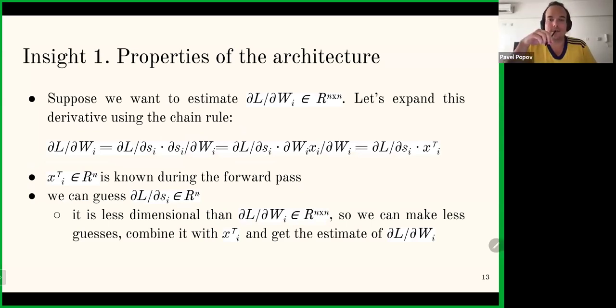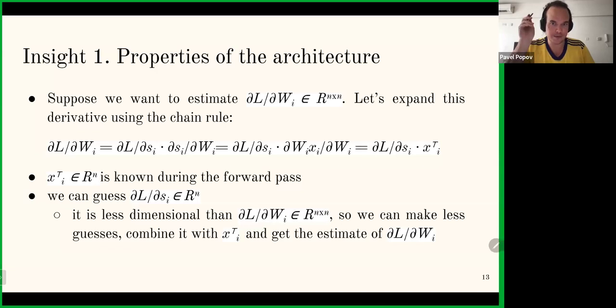Okay, so the gradient we want to know is dL/dW, the gradient of the loss function with respect to weights. On the ith level, the weights have n squared elements, and so we want to find a way to make guesses on the direction of this gradient such that we are not too far away from the true gradient.